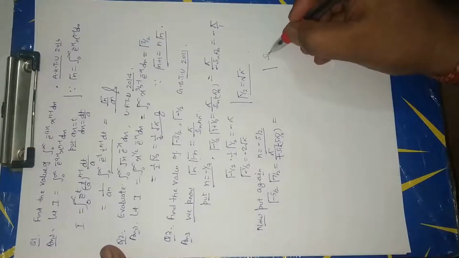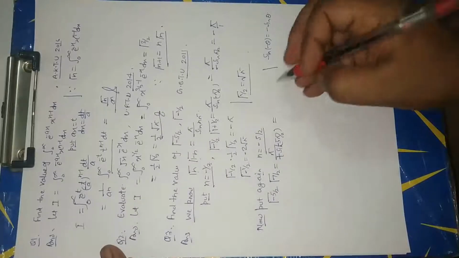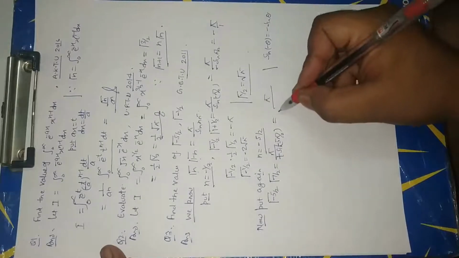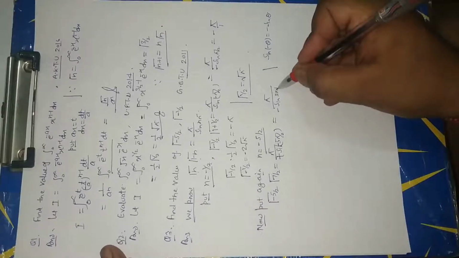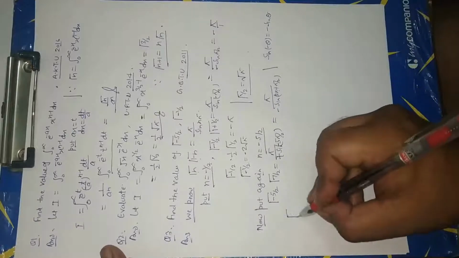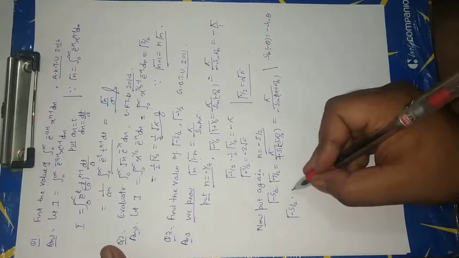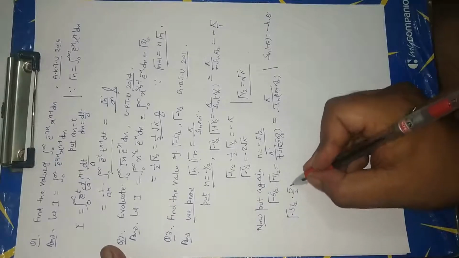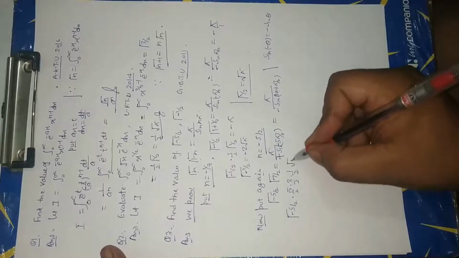Since sin minus theta is equal to minus sin theta, therefore minus pi upon sin 5 pi by 2, that is 2 pi plus pi by 2. Gamma 7 by 2 is 5 by 2 times 3 by 2 times 1 by 2 times under root pi.